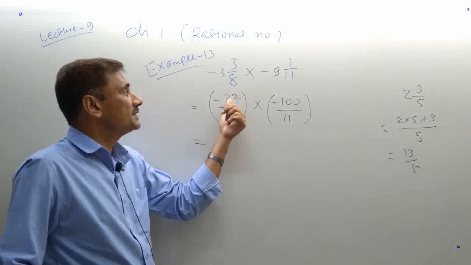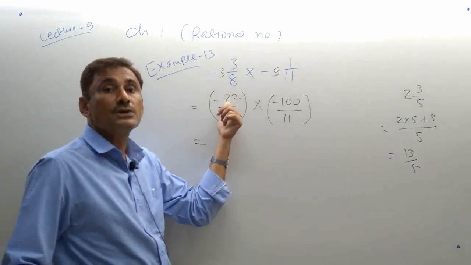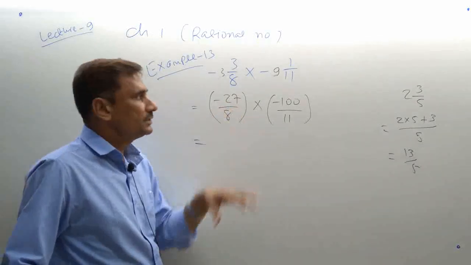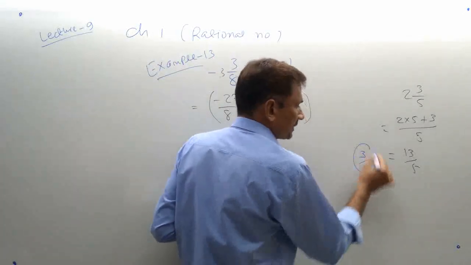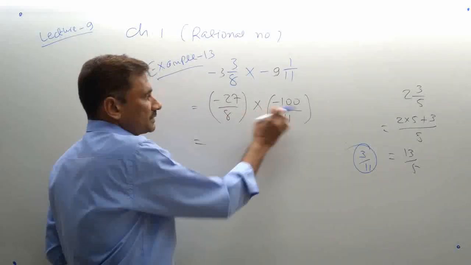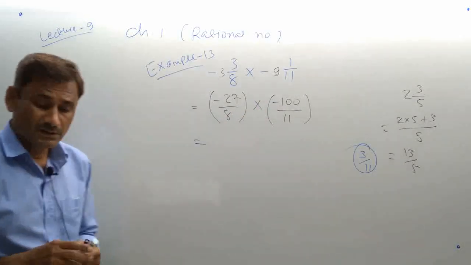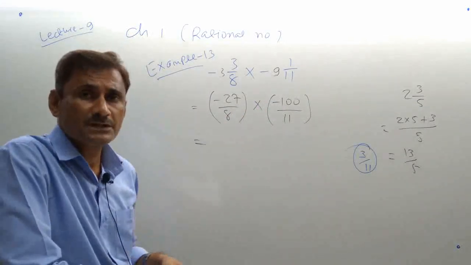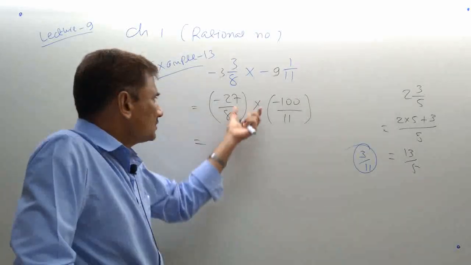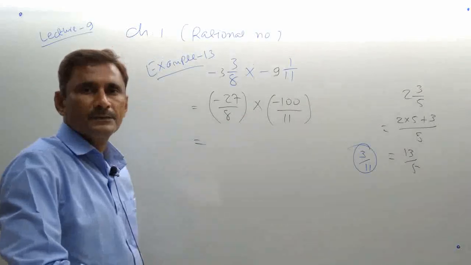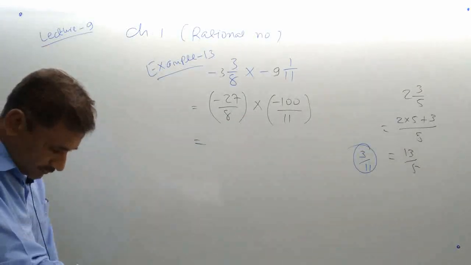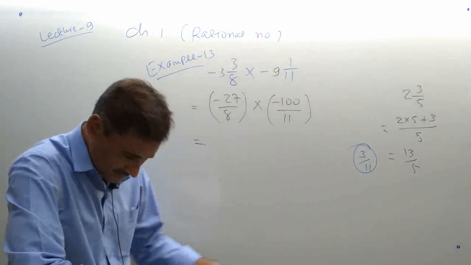Whenever the numerator is bigger, it is called improper. Otherwise, if the numerator is smaller, suppose 3 by 11, it is proper. When you convert a mixed fraction into a fraction, it is always improper, obviously, because it is more than 1. So improper means more than 1, proper means less than 1.